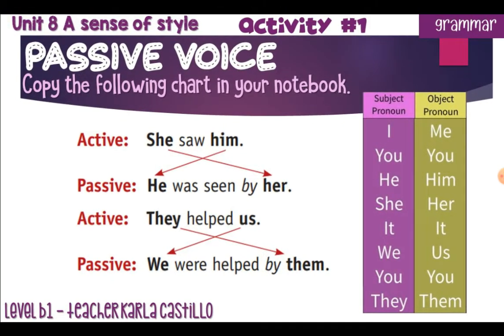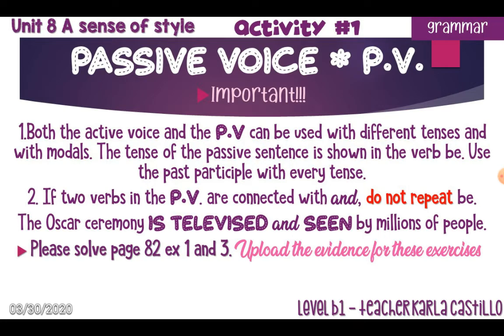Okay, another important thing that you must remember in this case is that both active voice and passive voice can be used with different tenses and with modals. The tense of the passive sentence is shown by the verb be. Remember, we're going to use the past participle with every tense.